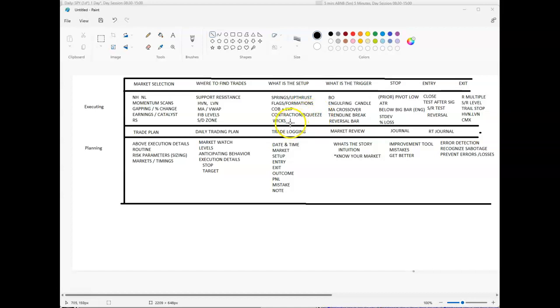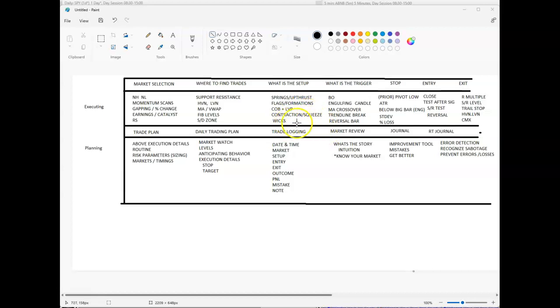I should have also written divergences. A lot of traders at support resistance or wherever it is where they're looking for trades, they look for divergences. They will look for momentum divergences. So they look for those higher lows and higher highs. Even though the market is at a level, they're looking for those higher lows or the lower highs.